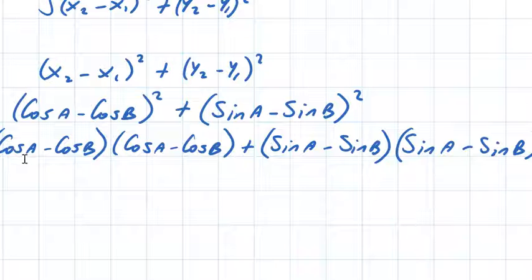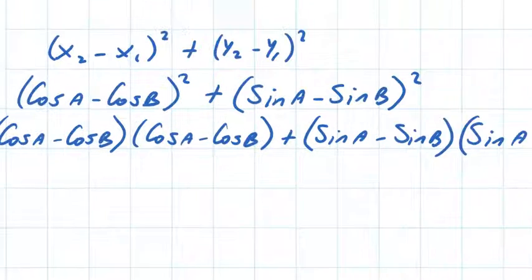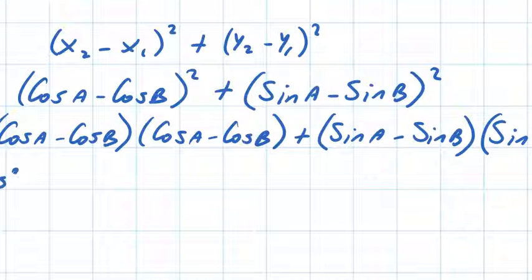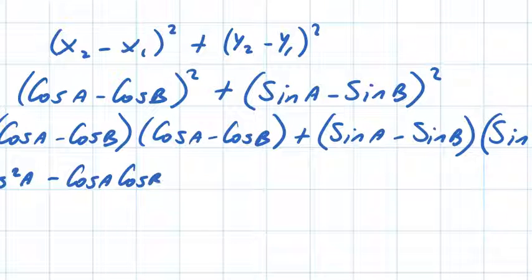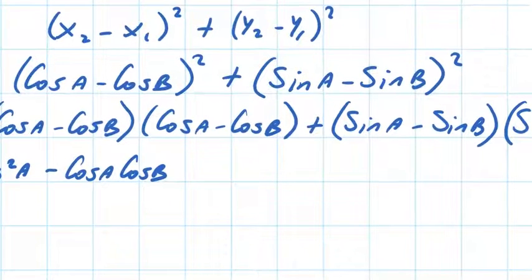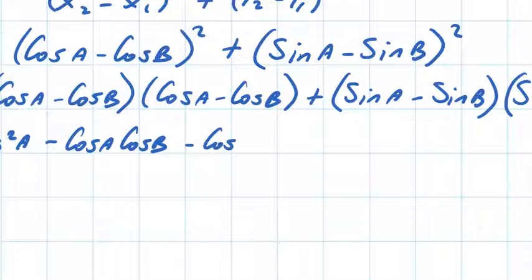So it's first by first. Cos by cos is cos squared A. Cos by minus cos is minus cos A cos B. And this one here is minus cos A cos B again. And minus by minus is plus cos squared B.